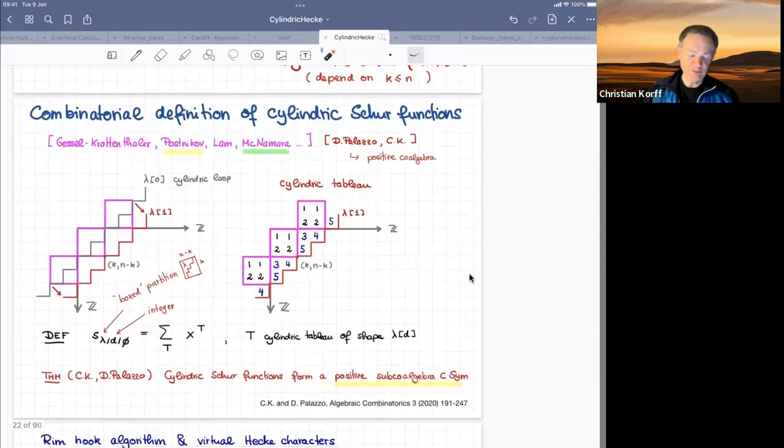Originally they were introduced by Gessel and Krattenthaler. In the paper which I've written, I use the notation of Postnikov, and there are many other people who have worked on this. Among them Lam, who generalized cylindric Schur functions to affine Stanley symmetric functions, which some of you might have heard of.